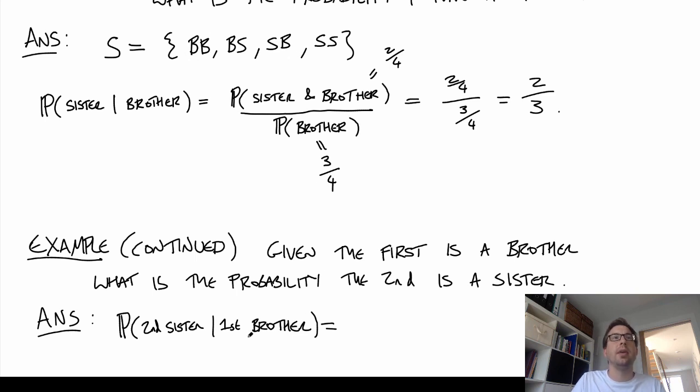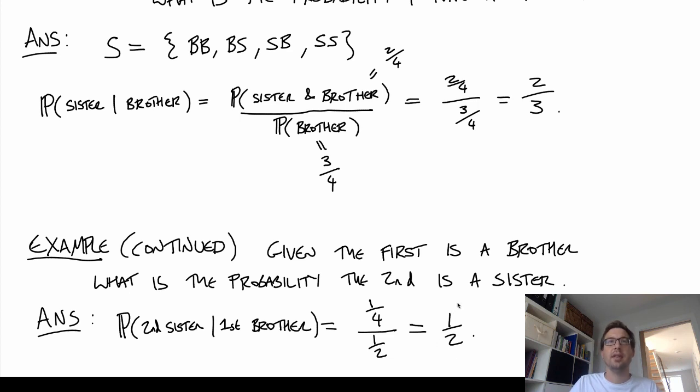So half the time the first is a brother, and only one of those times do I get a second sibling being a sister. So 1 out of 4. And so we get the answer that you'd expect, a half.